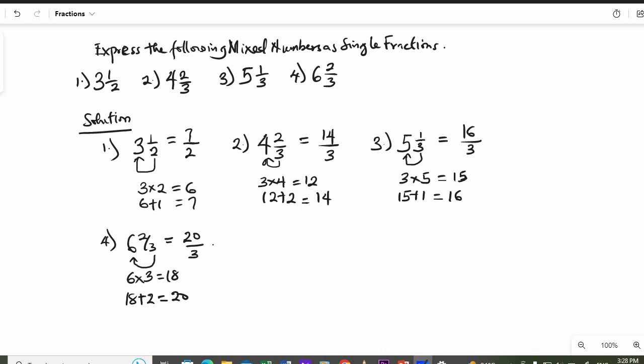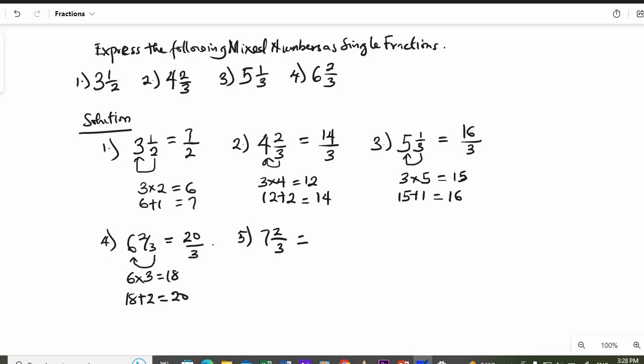And let's give you one mixed fraction to see if you can express it as a single fraction by yourself. So let's see if you guys can do this by yourself. 7 whole number 2/3. So you express this as a single fraction.